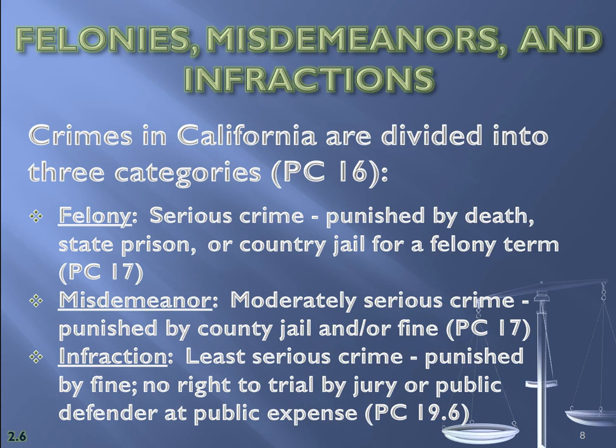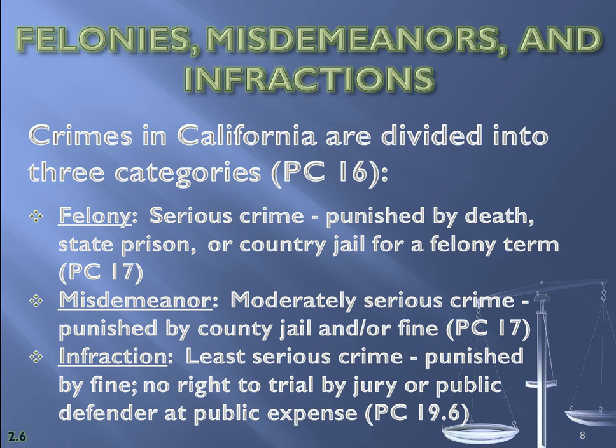The first is a felony, and this is a serious crime. It's found under Penal Code 17, so you can look it up and get the actual definition. It's a serious crime punishable by death, state prison, or county jail for a felony term.